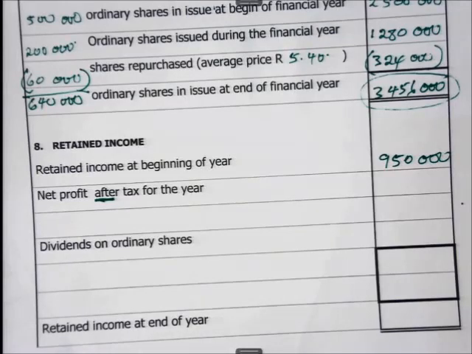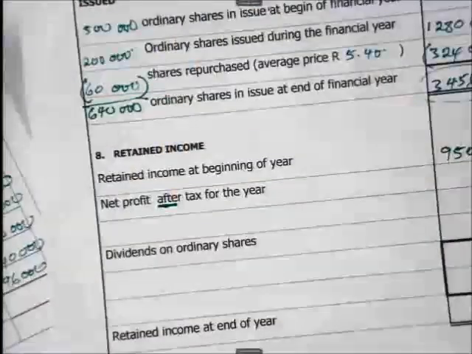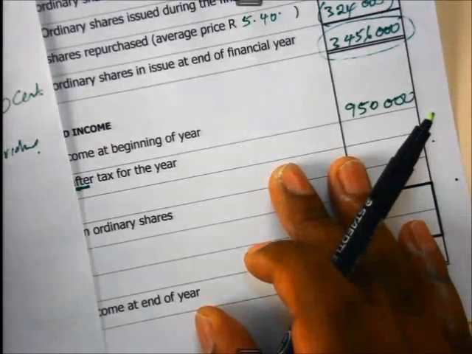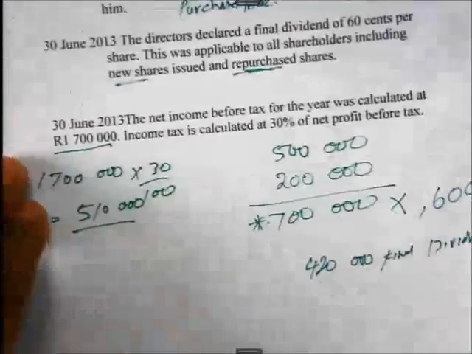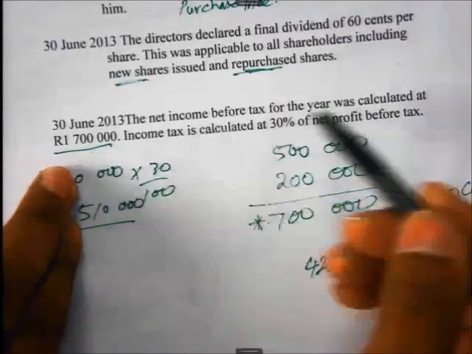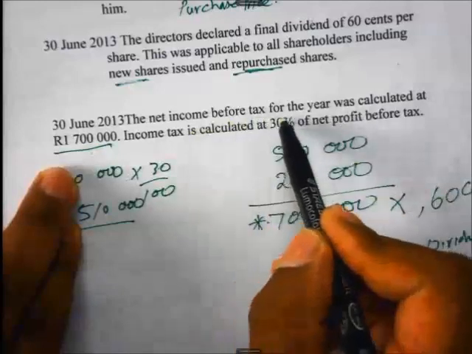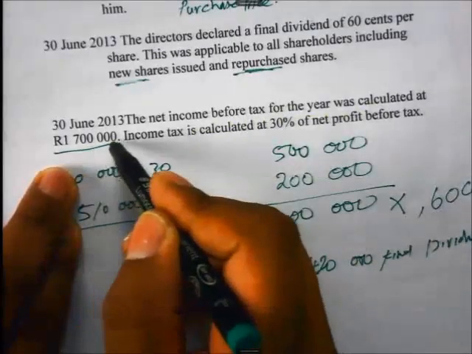Now, we have been told that our net profit for the year is how much? We are told that the net income before tax for the year is 1,700,000.